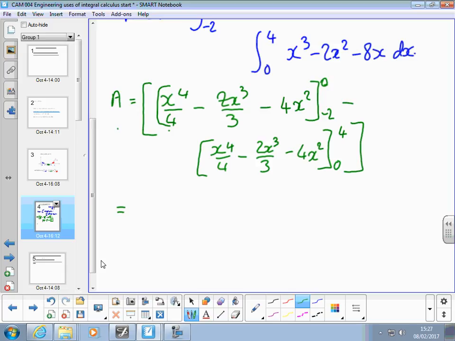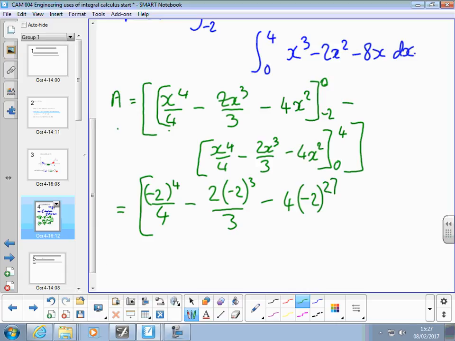Everyone agree? So we can write that bit as being minus 2 to the 4 over 4 minus 2 times minus 2 cubed over 3 minus 4 times minus 2 squared.